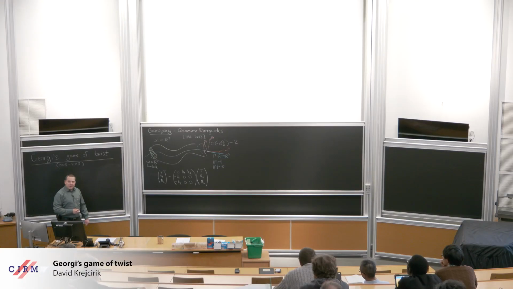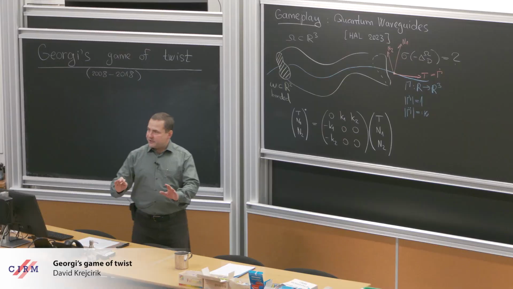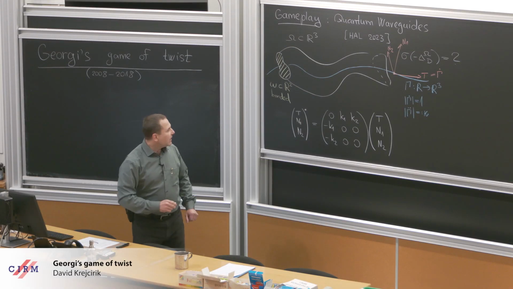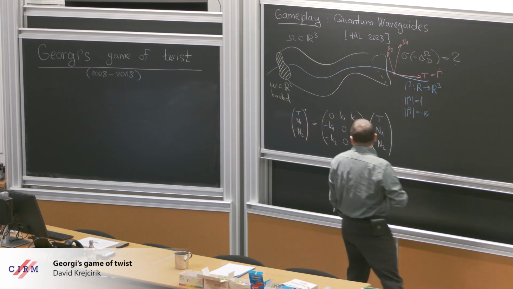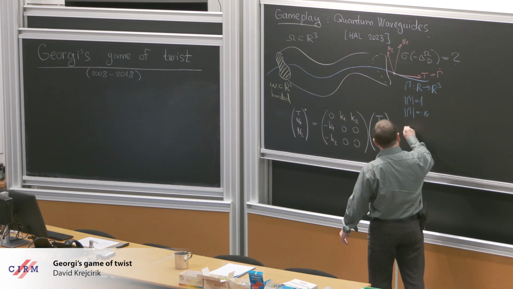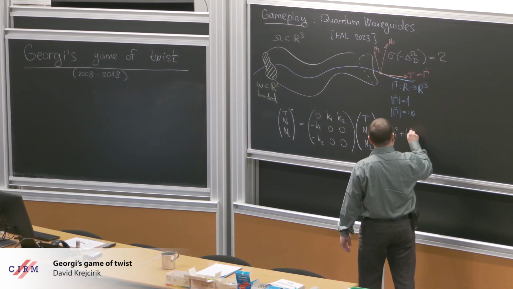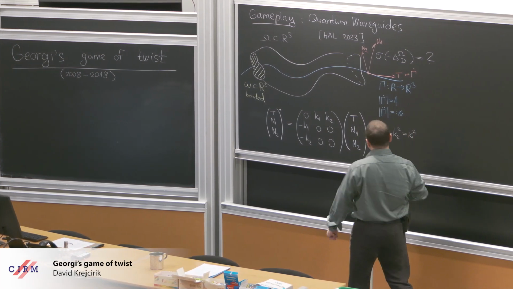So this always exists. It is called a relatively parallel adapted frame. K1, K2 are some functions. They satisfy K1 squared plus K2 squared is kappa squared.